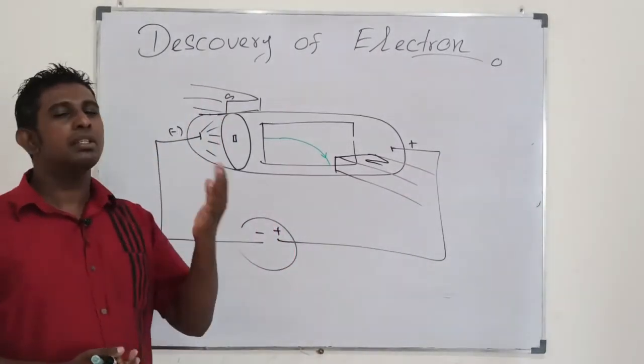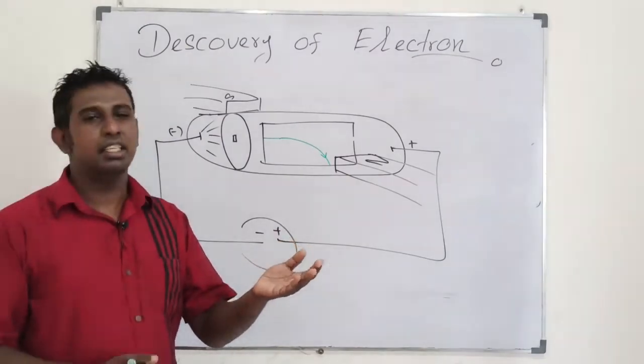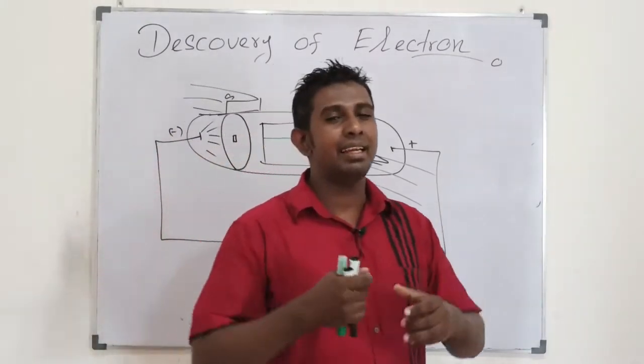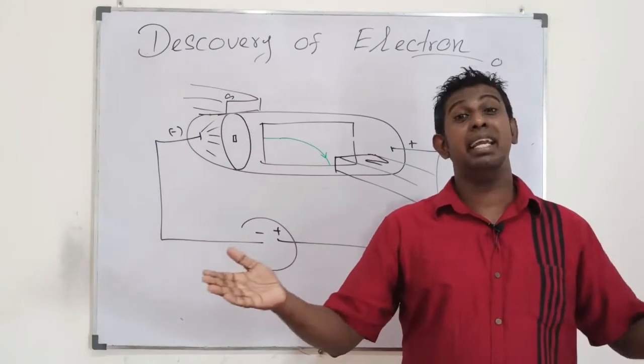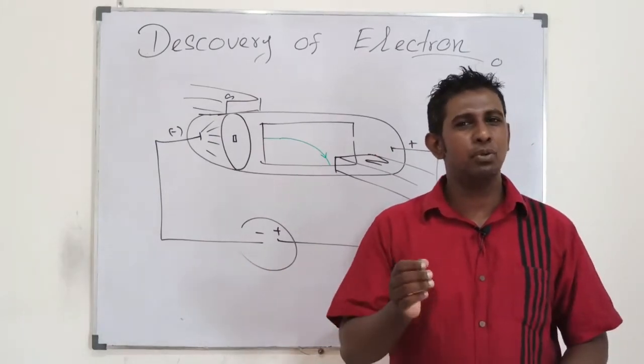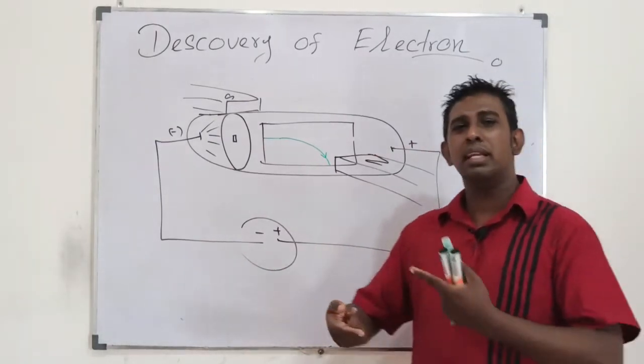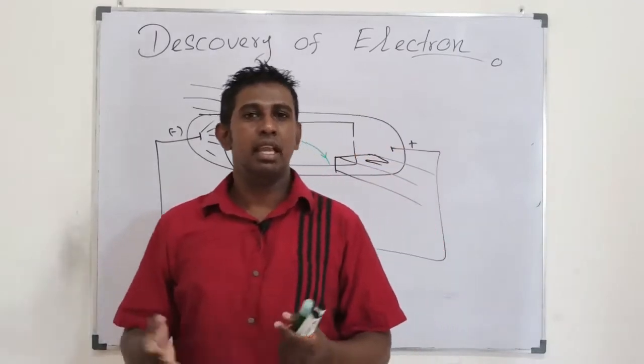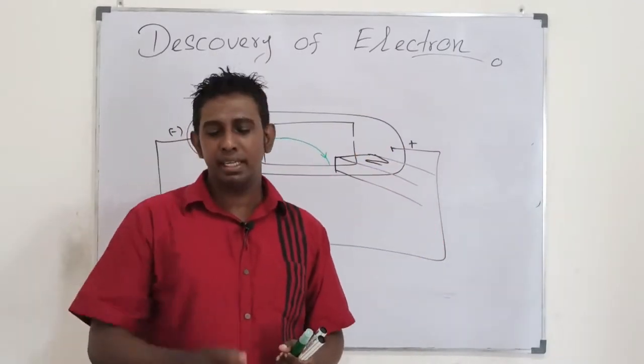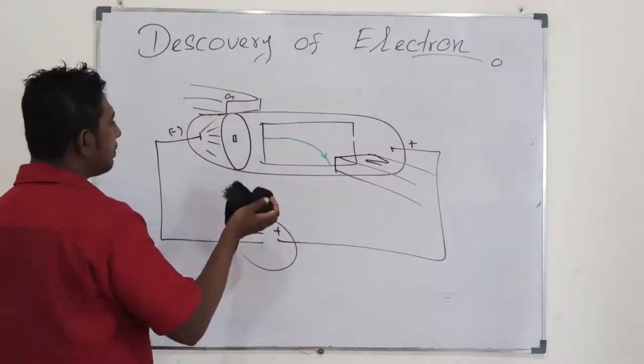Therefore, J.J. Thomson concluded that cathode rays are negatively charged. Hope you could understand.